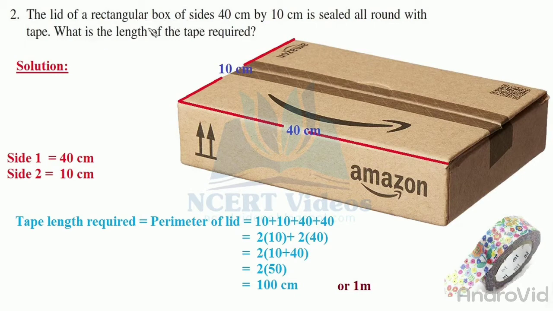So this is a rectangle. Now what is the length of tape required? Well, the length of the tape will be equal to the perimeter. So side 1 is 40 centimeter, side 2 is 10 centimeter, and the perimeter of the lid is 10 plus 40 plus 40 plus 10. So 10 comes 2 times, therefore we take 2 into 10.